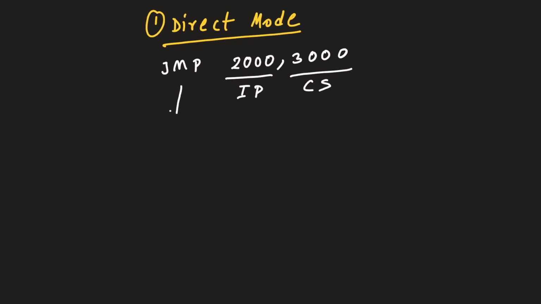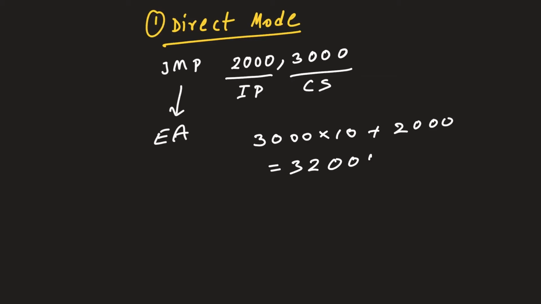The opcode for this jump instruction is EA, and after this instruction the program will jump to the address 3000 multiplied by 10 plus 2000, that is at 32000 location.